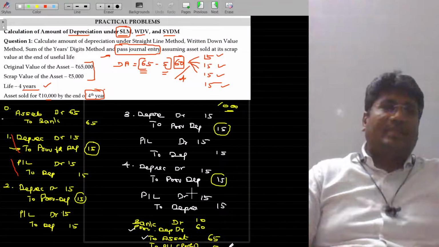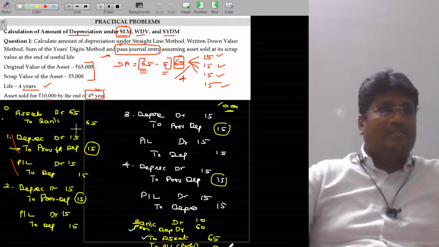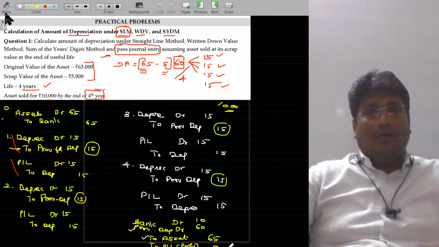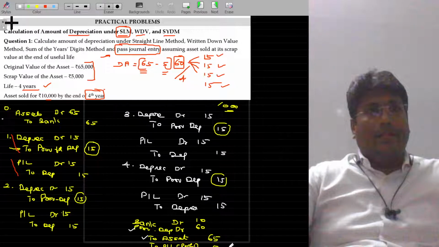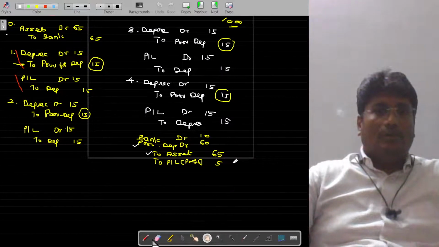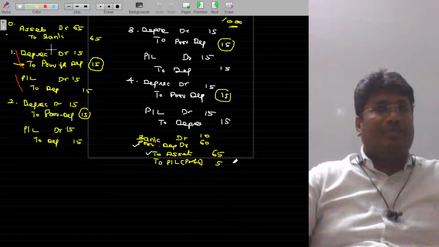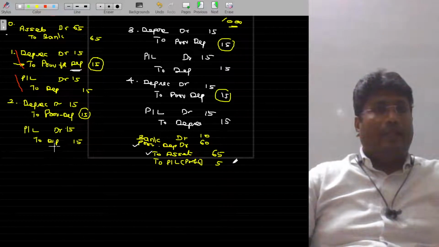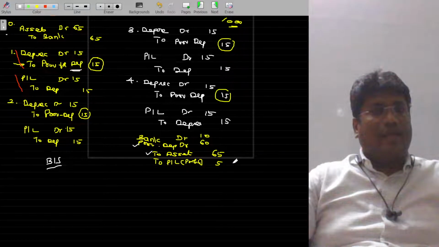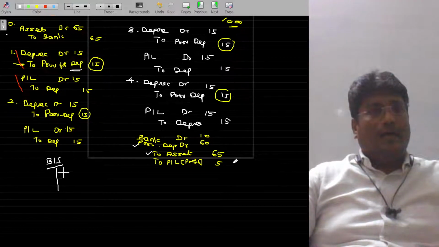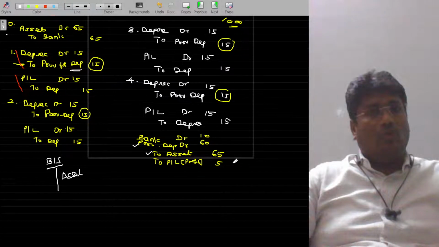And in the second model, the same illustration, I already guided you that in this illustration, the depreciation is accumulated in the provision for depreciation account. By that time the balance sheet will look this way. The asset will appear on the asset side at the book value of 65.